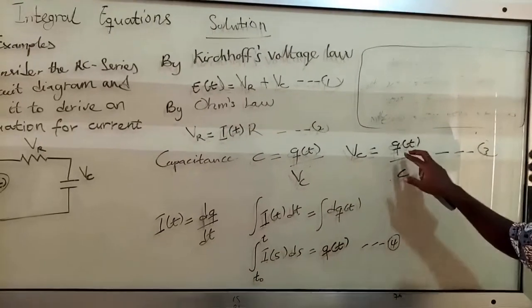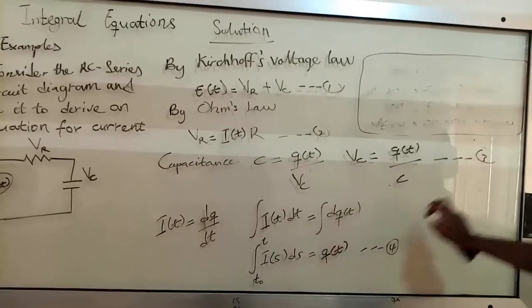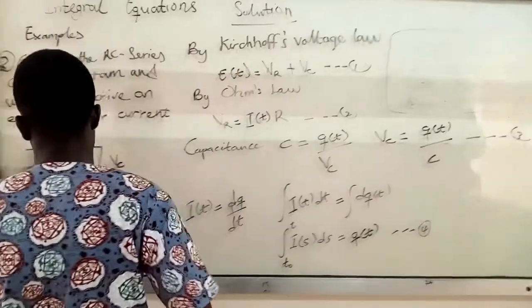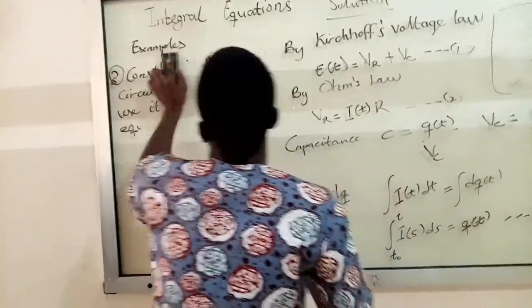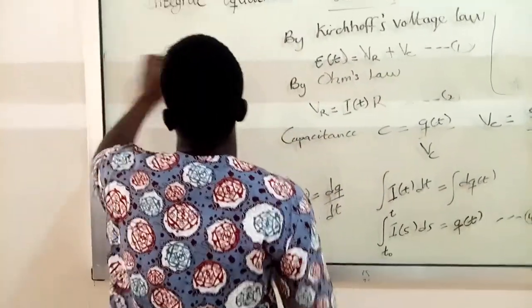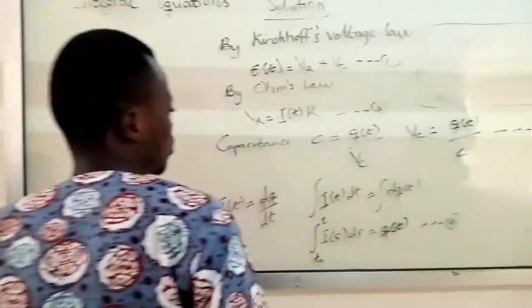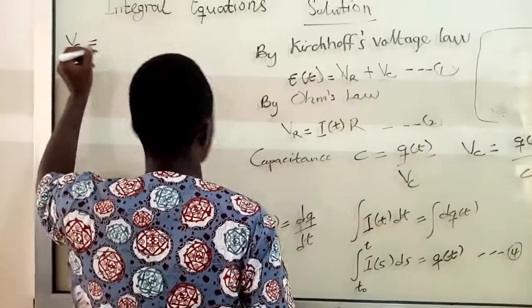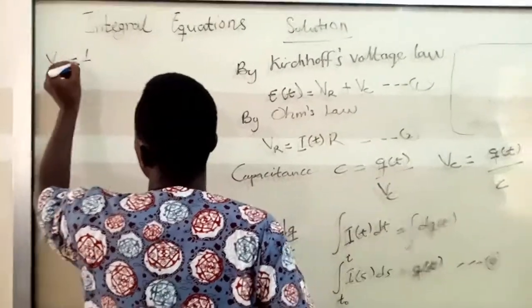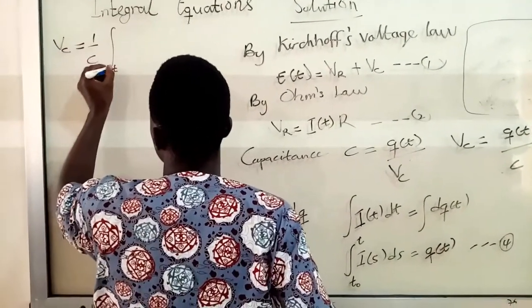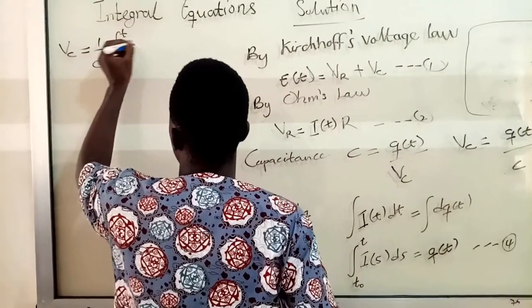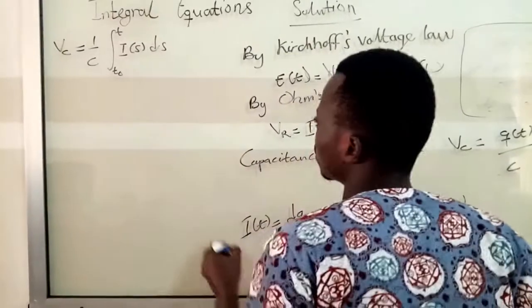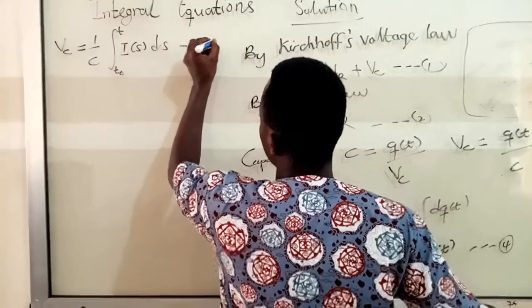Now you have to substitute equation 4 into equation 3. So substituting equation 4 into equation 3, we have VC equal to 1 over C integral from t naught to t of I of s ds. Let's name this equation 5.